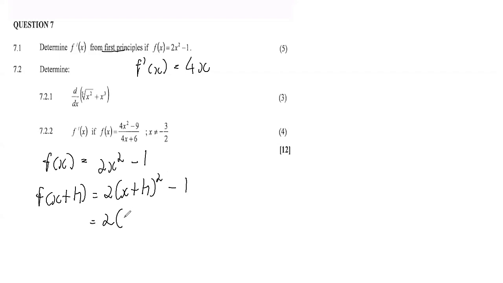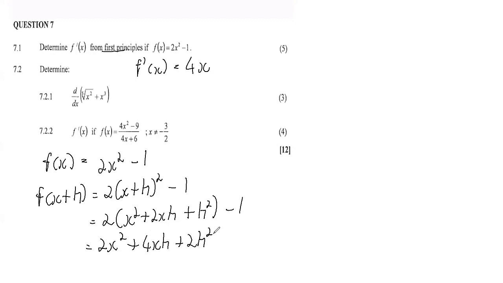Now this expands to x squared plus 2xh plus h squared, minus 1. At this point you multiply inside by the 2, so that's 4xh, then plus 2h squared, then minus 1.